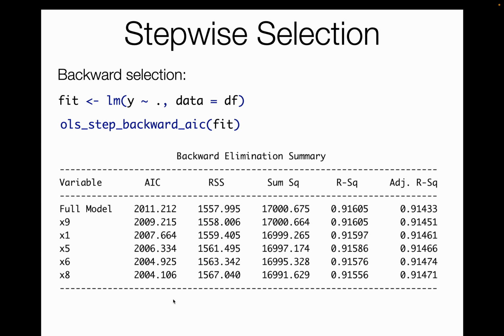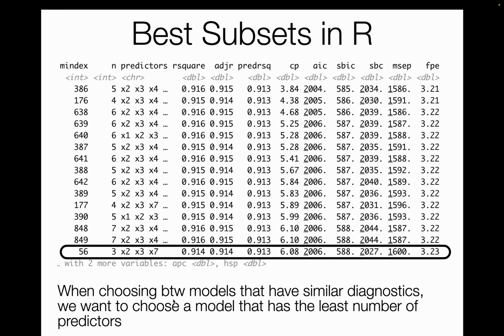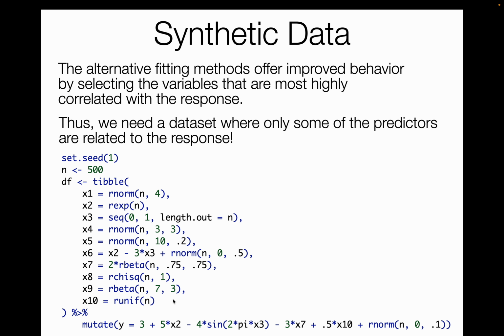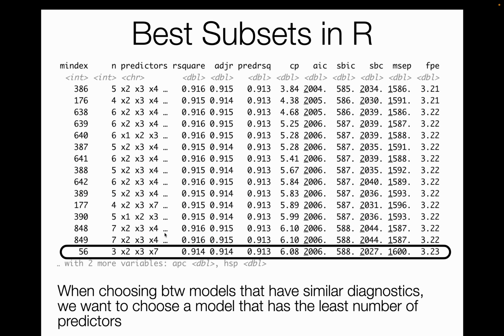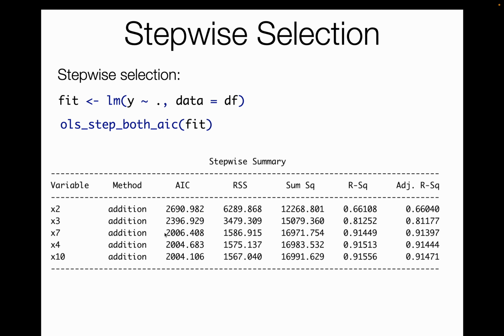Also, it seems to be making roughly the right choices. The 4 that were actually involved in the model were X2, X3, I think X7 and X10. Let's go back and look. X2, X3, X7, and X10. So it seems to be getting that. And then X4 somehow, even though it's not there, somehow made it into the model.